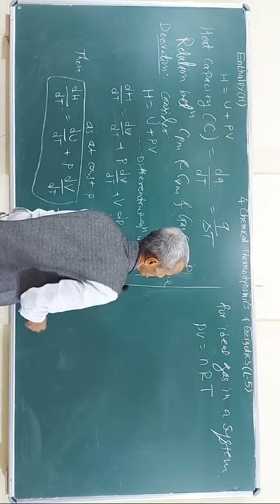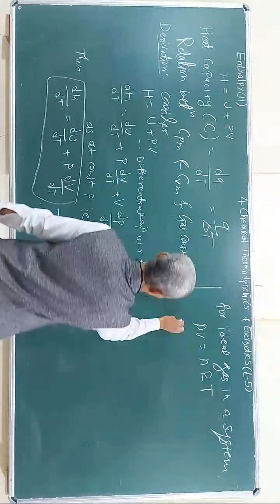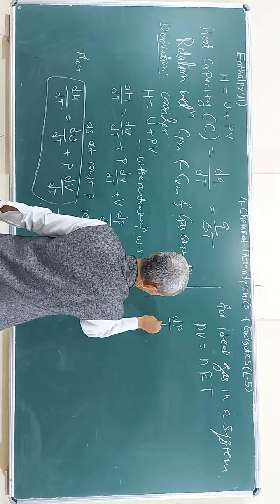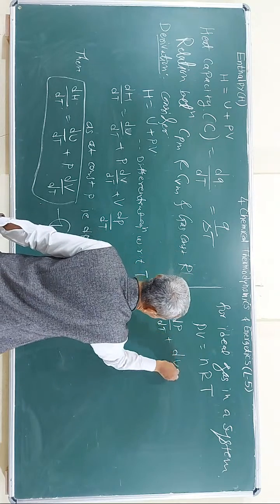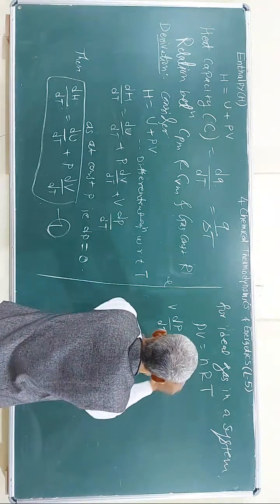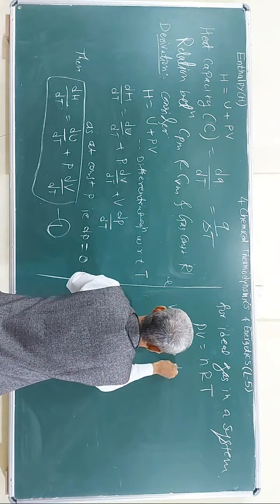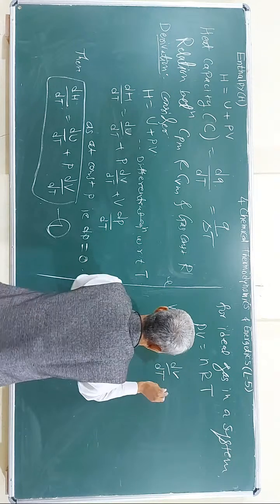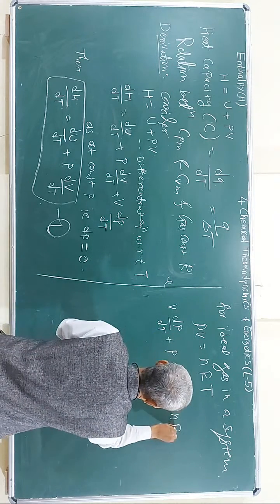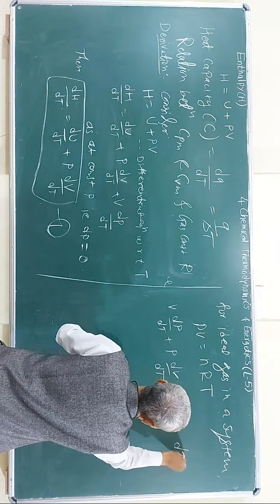So we can represent these terms as P times dV upon dT plus V times dP upon dT is equal to the number of moles, which is constant, times R, which is also constant.